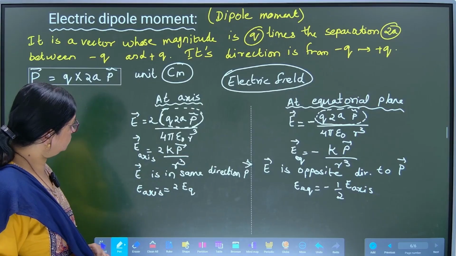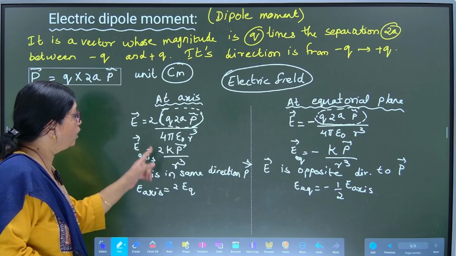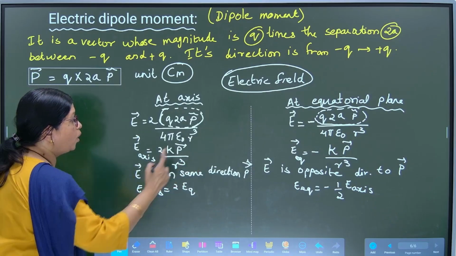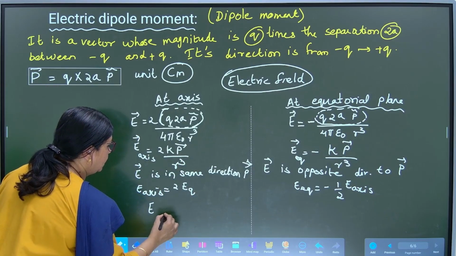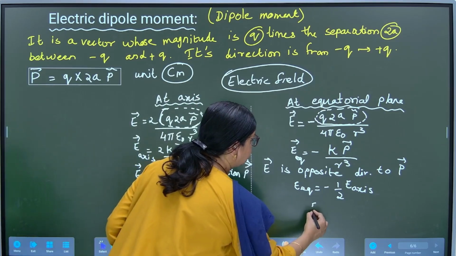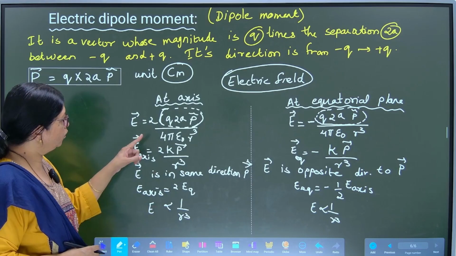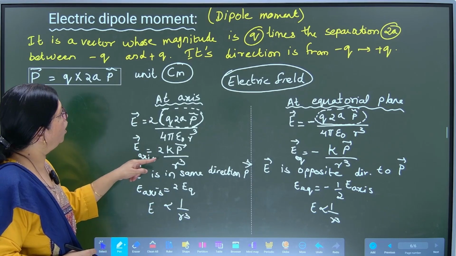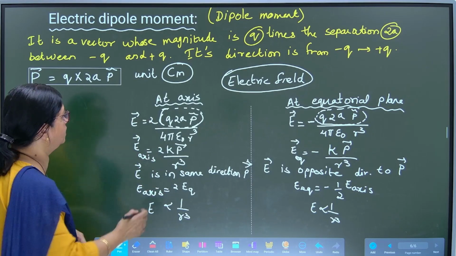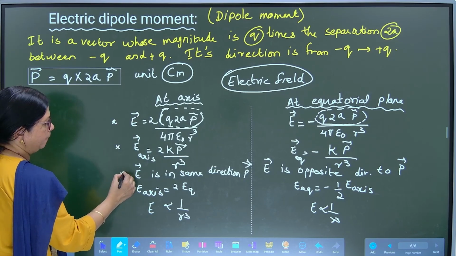Fine. Then what else can we write from here? We also can write that in both the cases, E is inversely proportional to R cube. So whether this or this point, I'll put stars and you can remember them as formulas.